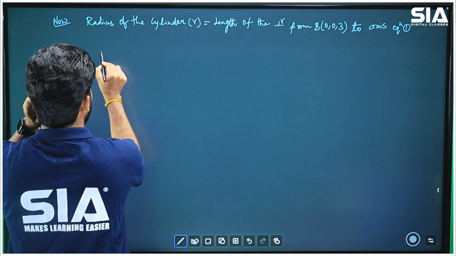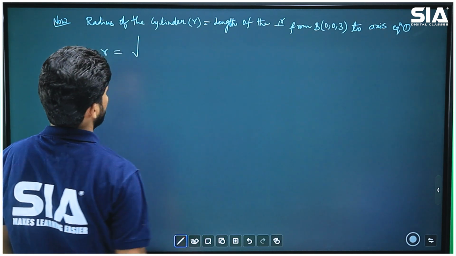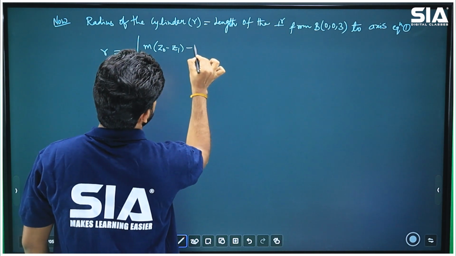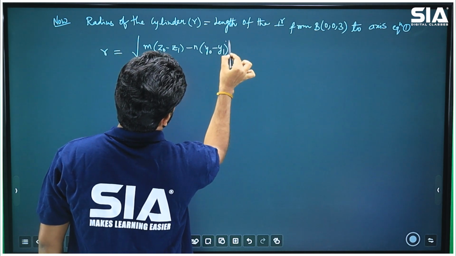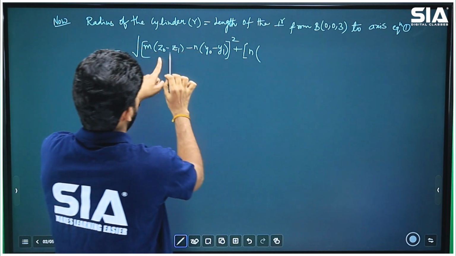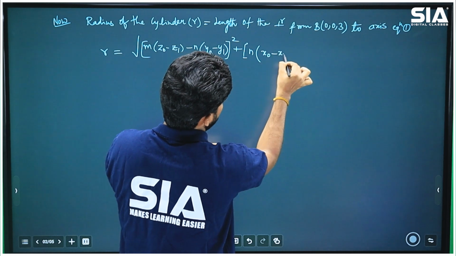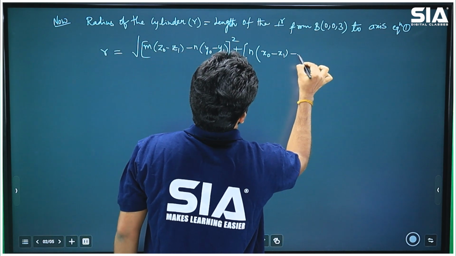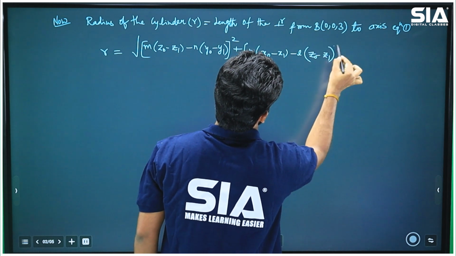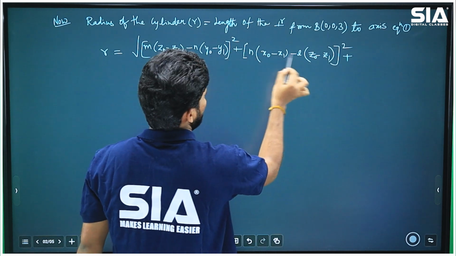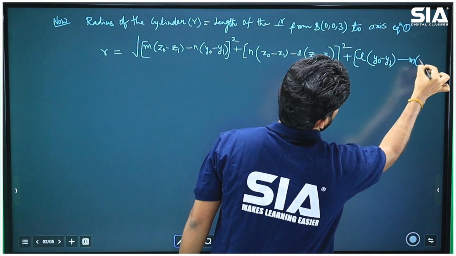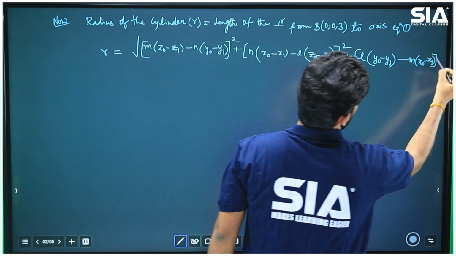For these types of axes, we have the formula: small r is equal to the square root of [m(z0 - z1) - n(y0 - y1)] whole square plus, after n, write n again: [n(x0 - x1) - l(z0 - z1)] whole square plus, and after l again write l: [l(y0 - y1) - m(x0 - x1)] whole square.